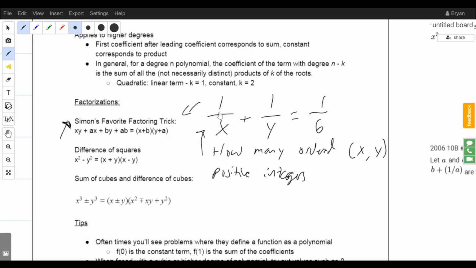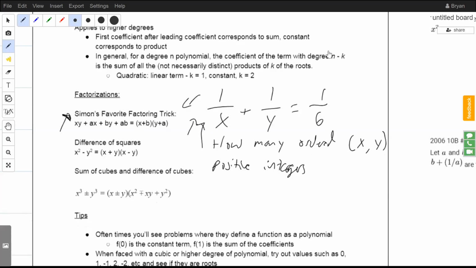While a method like guessing and checking can be somewhat effective, you'll never really know when you're done. So basically, whenever you see something that's adding reciprocals of variables, you should always look for this. I'll show you why.